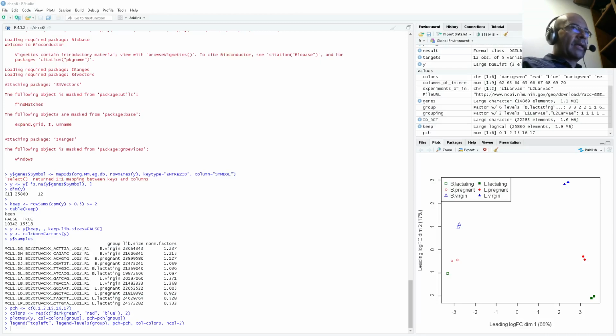Design matrix similar to our fruit fly sample.